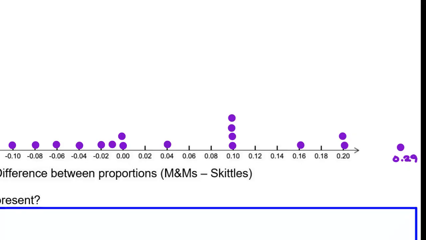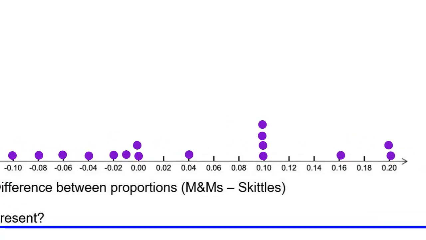Please copy the dot plot into your notes. You had 0 and 0.02. You have 0.08 and 0. Guys, copy the dot plot into your notes, please.